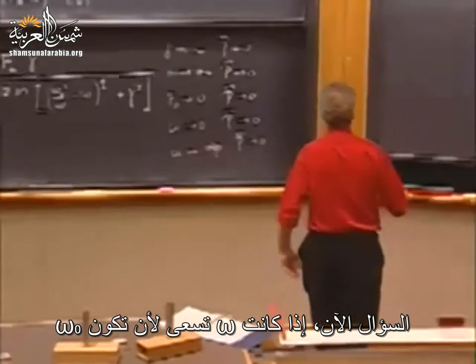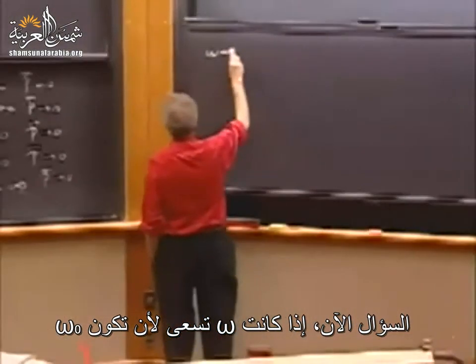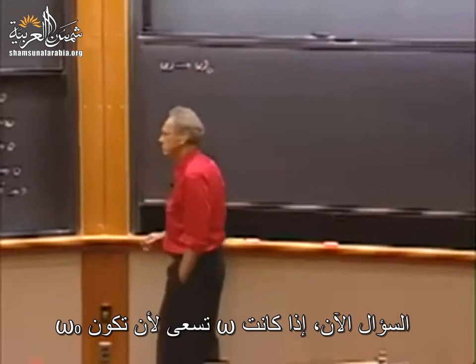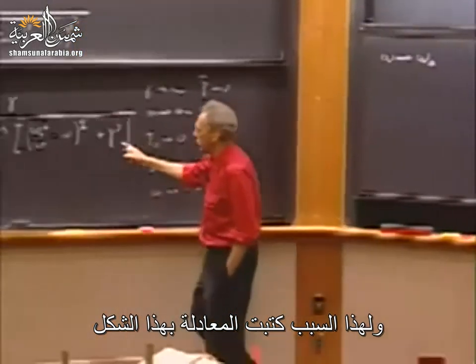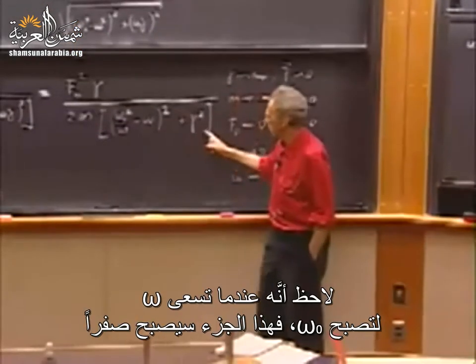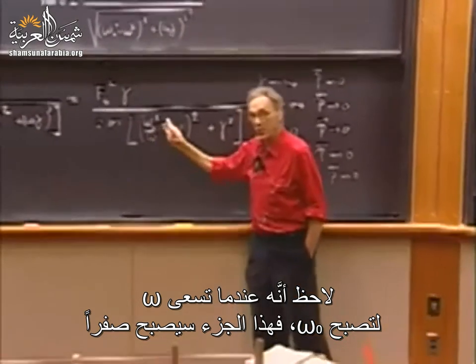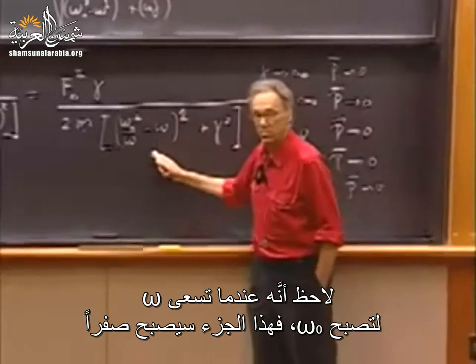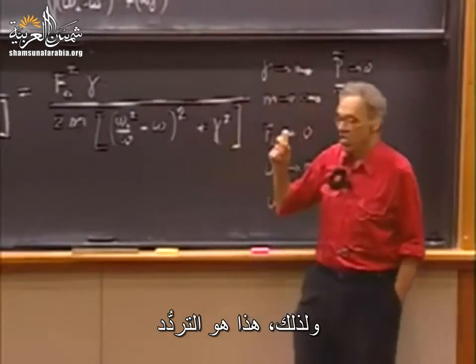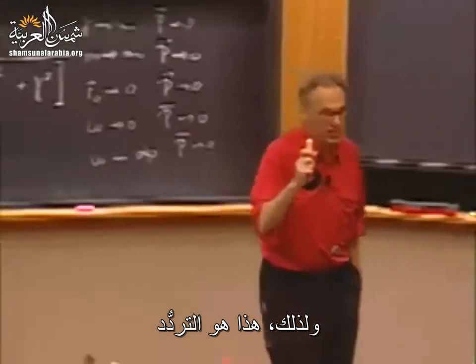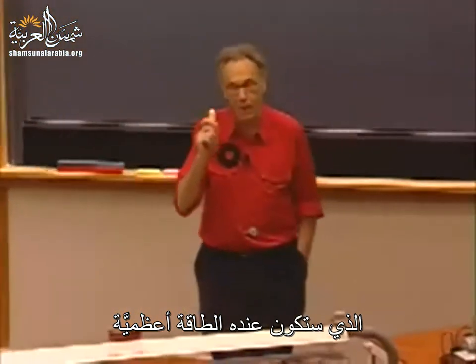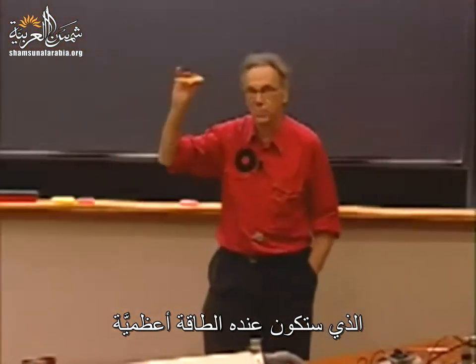So now comes the question, if omega goes to omega 0, and that is the reason why I wrote it in this way. Notice when omega goes to omega 0, this one goes to 0. And therefore, that is the frequency at which the average power is the maximum ever, can never be any higher.